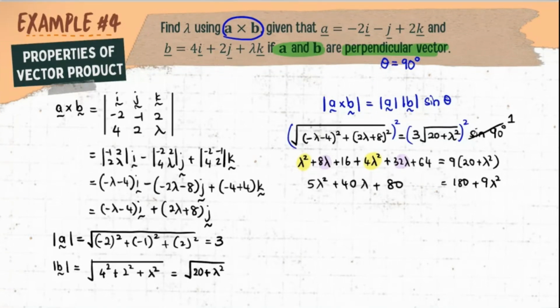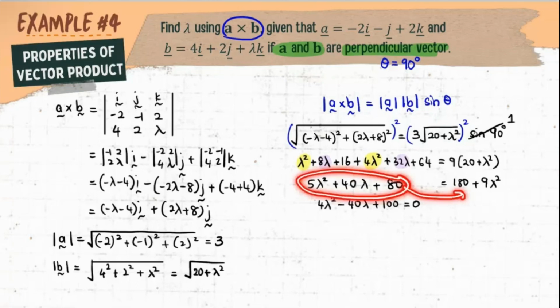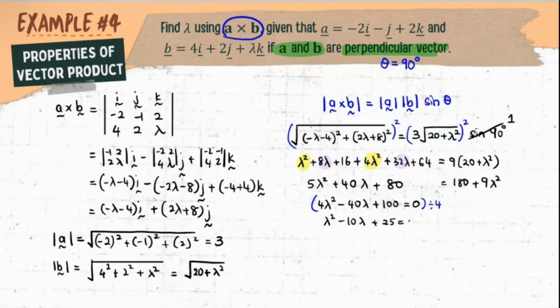So 9 ini pindahkan ataupun sini pindah sini pun boleh. 9 tolak 5, 4 lambda squared tolak 40 lambda. 180 tolak 80 tambah 100 sama dengan kosong. Ini apa yang saya buat, saya pindahkan everything here and then kita akan samakan dengan kosong. And if we simplify ataupun kita bahagikan the whole equation dengan 4, I get lambda squared minus 10 lambda plus 25 equals to 0.